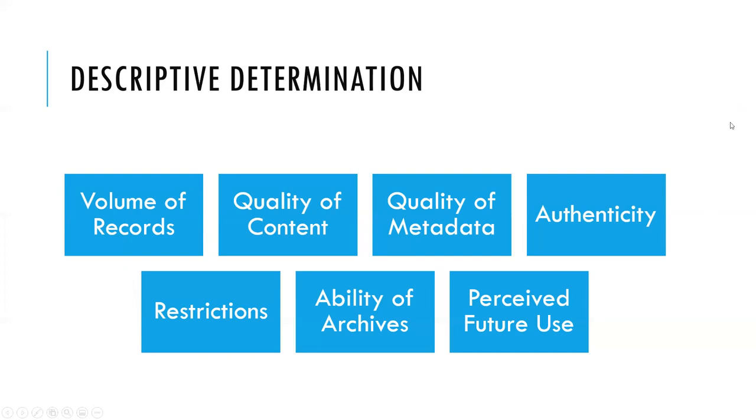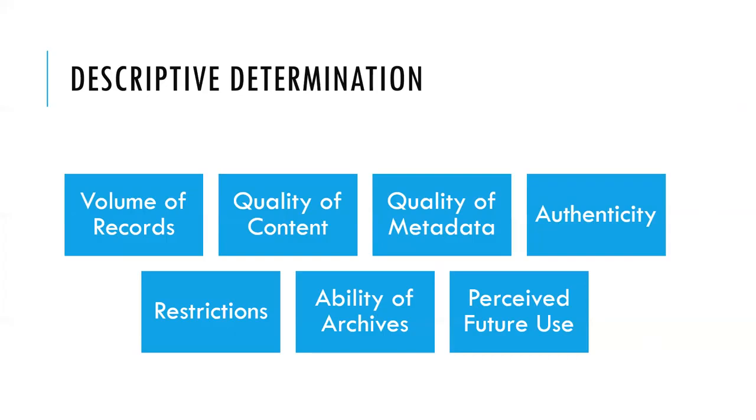If that means not accepting the collection because the quality of the content is low, or it has authenticity problems, or not accepting the collection because it has a lot of restrictions, then that can be a good strategy to take.